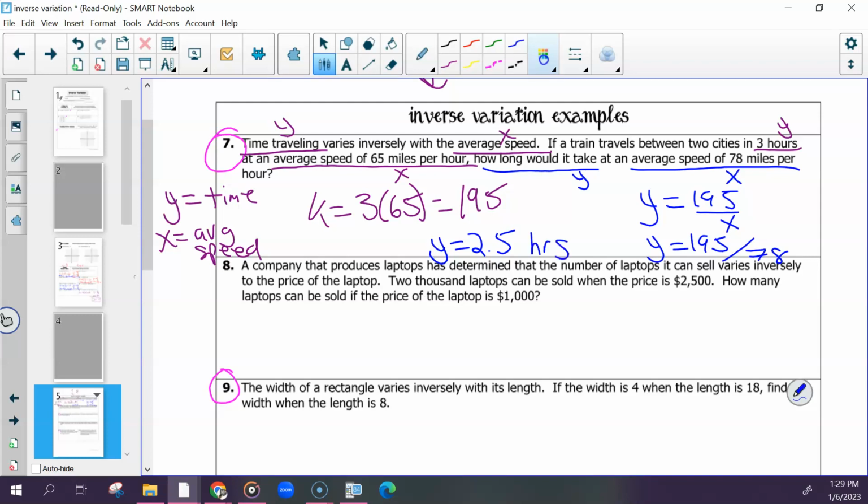Hours. So I'm glad you did that because that would be a good example of something I might see that you put on the test or quiz, and then I'm like, did you know what you were solving for or not? So make sure that you label it correctly.